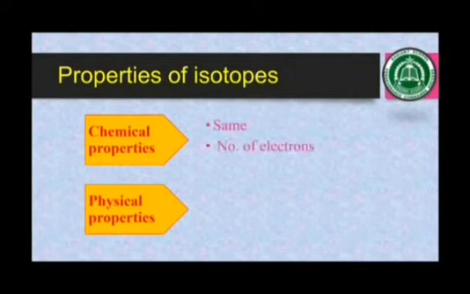Because these properties depend upon the number of electrons. As we know very well, for chemical combination, electrons are involved. So if the number of protons is not changing, it means the number of electrons is also the same in the isotopes. So they have the same chemical properties. But physical properties are different because these properties depend upon the mass number.